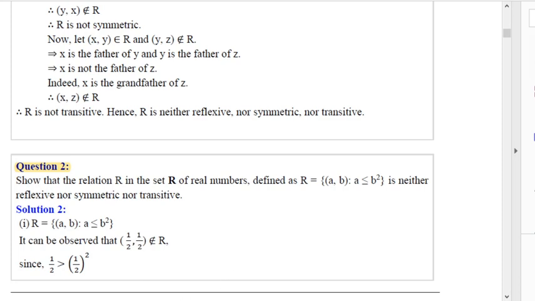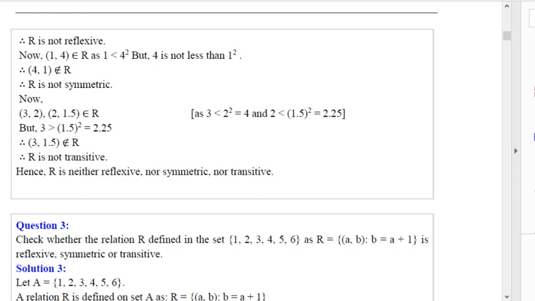Now the remaining part is left that we have to discuss. We have done that R is not reflexive. Now (1/4, 4) belongs to R, since 1/4 is less than the square of 4.